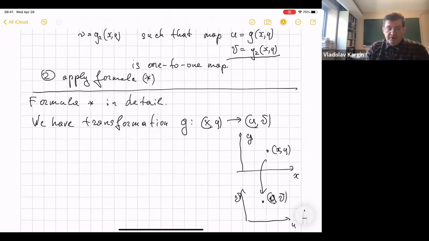In coordinates, u is equal to g. Here I wrote simply g, but let us write g1 of x, y. And v will be another function g2 of x, y.